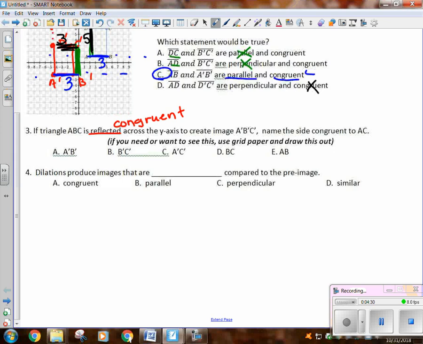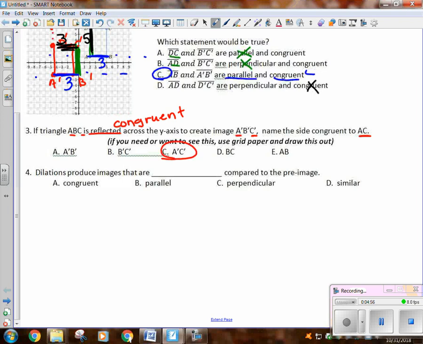I don't even have a picture, but if you wanted to use gridded paper to draw a triangle and then reflect it across the y-axis, you would be free to do that. I don't know where A, B, and C are located, but I do know that this is side AC. So A is first, C is the last. It should be congruent to what? A prime, C prime.